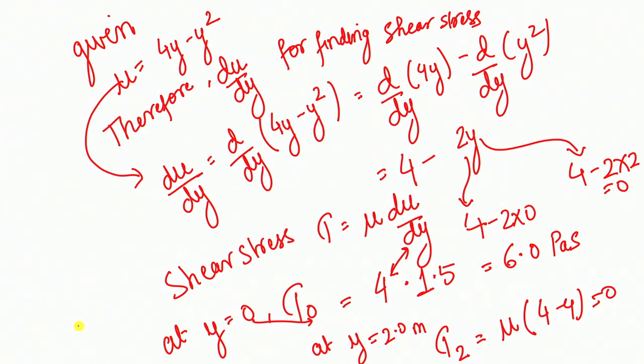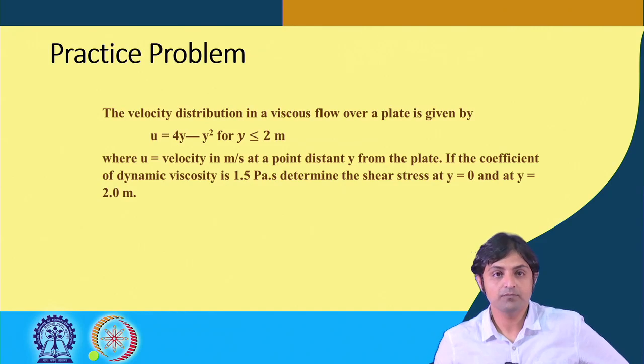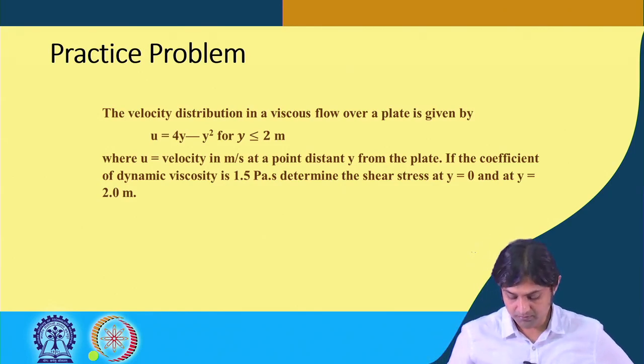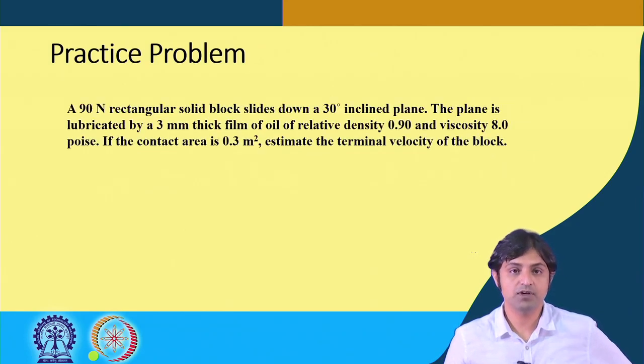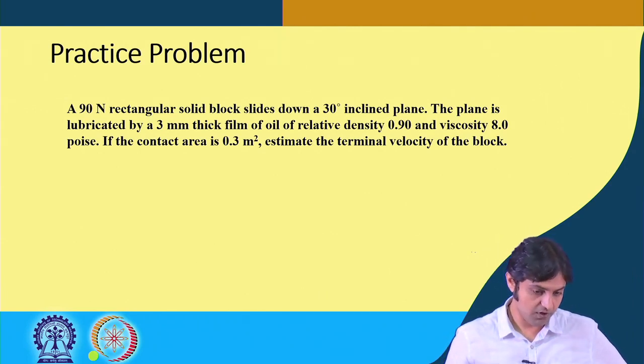So now we can go and see. This problem we were able to solve. Now there is another problem related to this first part, and that also we are going to solve.